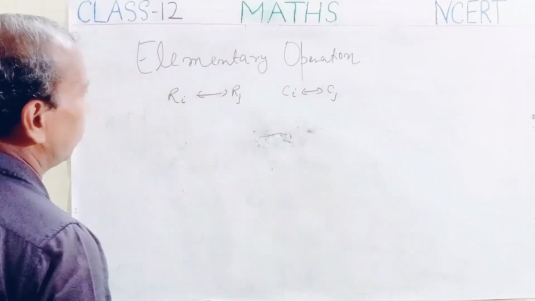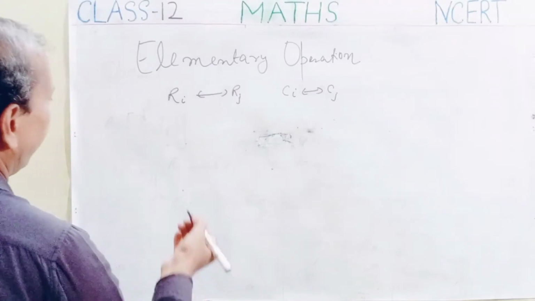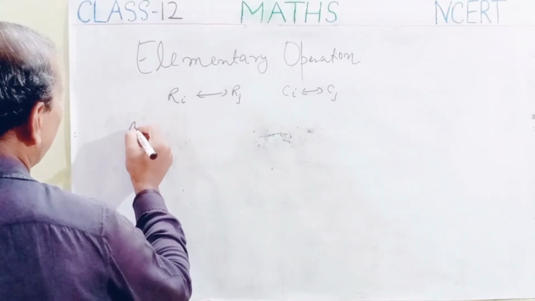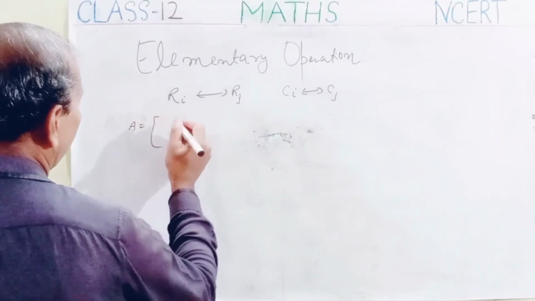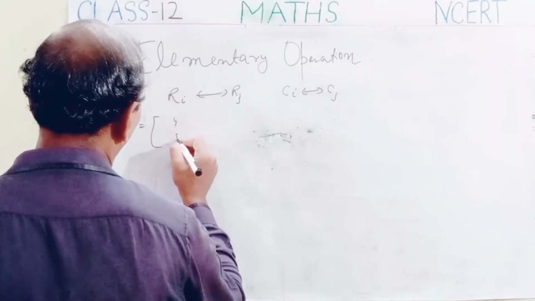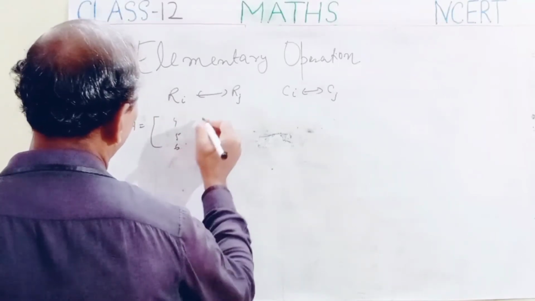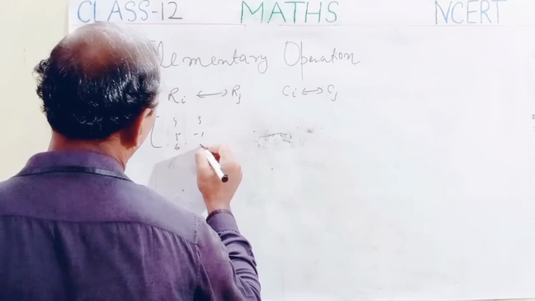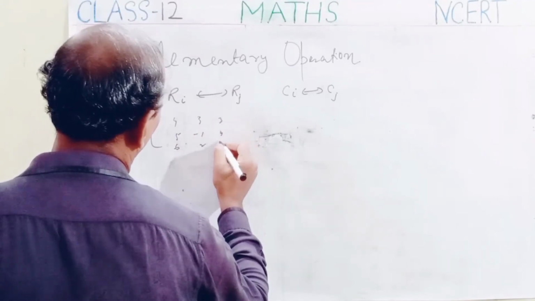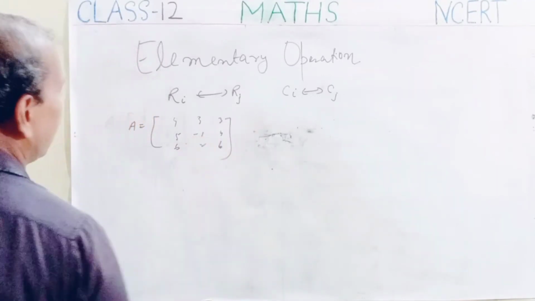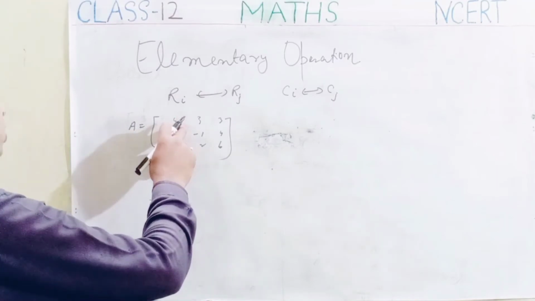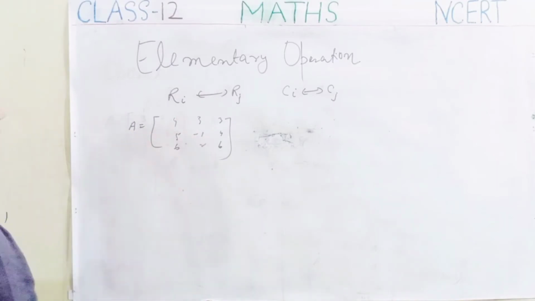Let's suppose I have been given any matrix, with entries 4, 5, 6, 3, minus 1, 2, 3, 4 and 6. I can change these rows or I can change these columns.